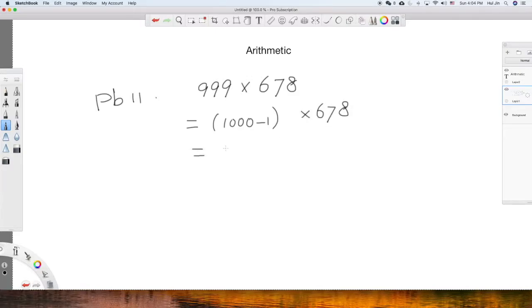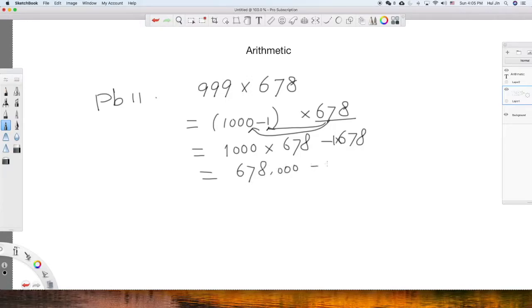Using the distributive law, this equals 1000 times 678 minus 1 times 678. Just want to illustrate a point: you distribute this common term into every term inside the parentheses. So this equals 678,000 minus 678. And this subtraction is relatively simple: 677,322.